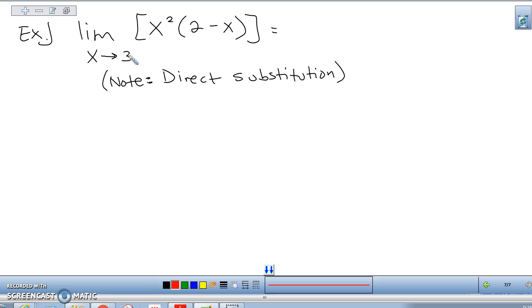So in this case, we're approaching 3, so we are going to substitute 3. So you should get 9 times negative 1, so your answer is negative 9.